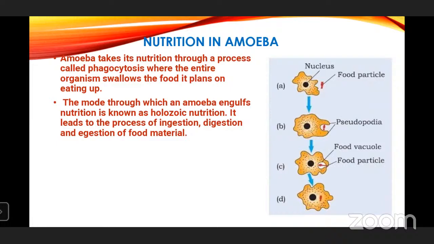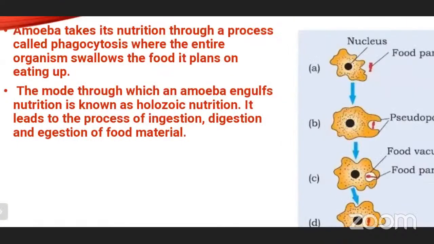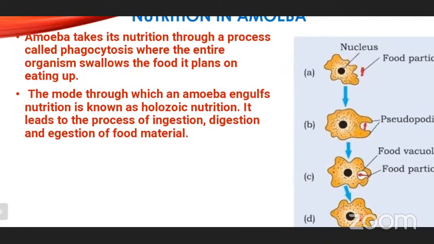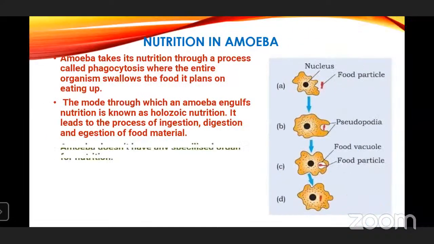It leads to the process of ingestion, digestion, and egestion of food material. Yes, so this point is also very important.